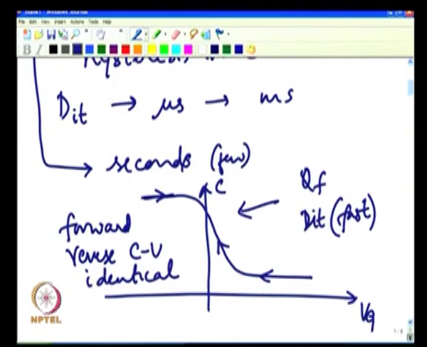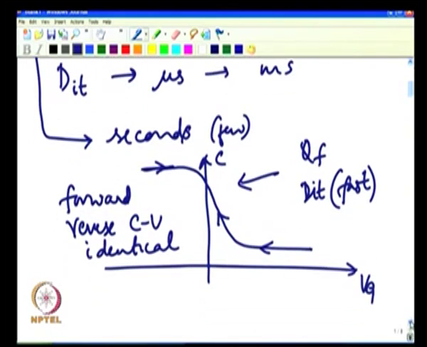Now, what happens with the slow interface traps is that they do not respond during the CV sweep, because that sweep is reasonably fast for them. But once you reach this band bending, you are essentially spending time here. The band bending does not change in inversion, it is more or less constant, and similarly the band bending in accumulation is also more or less constant.